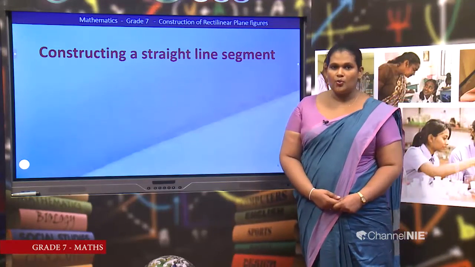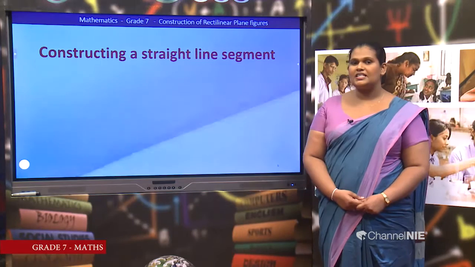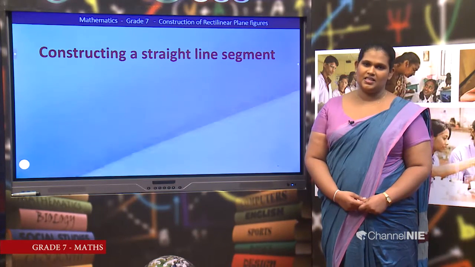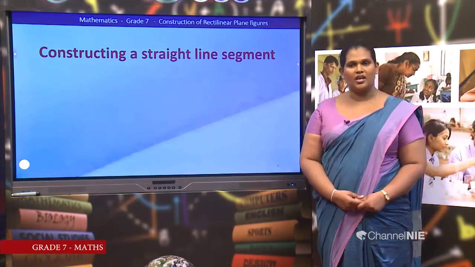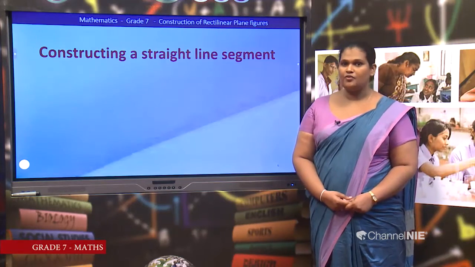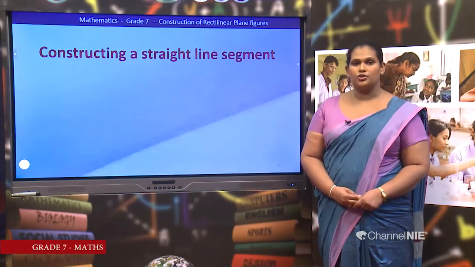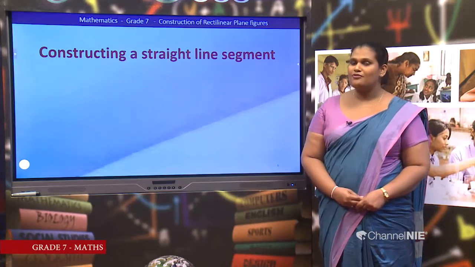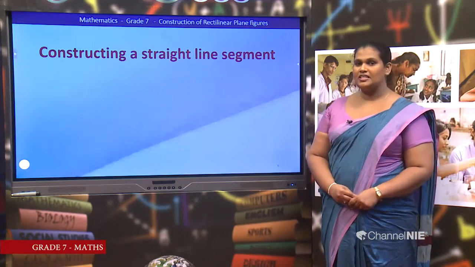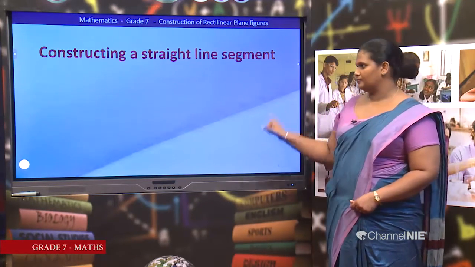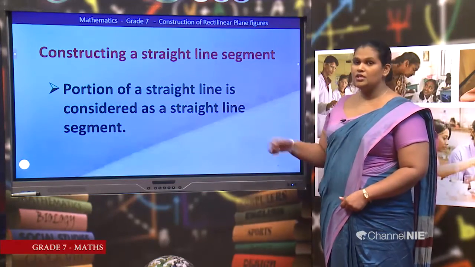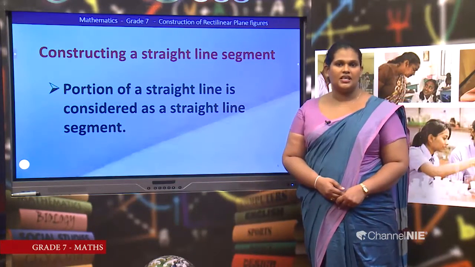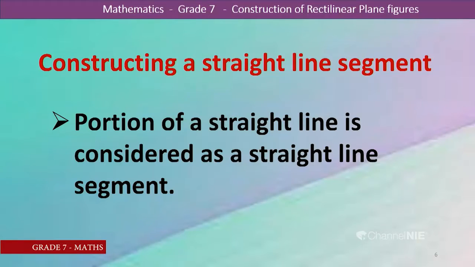Right. Now, we are going to construct a straight line segment. Not like just drawing a straight line. Here we have to use both the ruler and the pair of compasses to construct the straight line segment. So, a straight line segment is a part of a straight line or else a portion of a straight line.